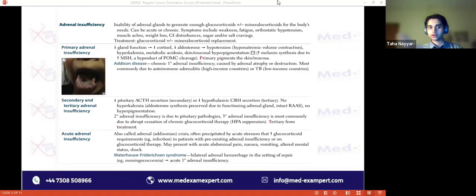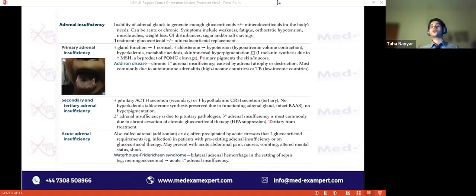Another way that cortisol regulates blood pressure is that at higher concentrations, cortisol can also act on the aldosterone receptor. We know that the function of aldosterone is that it pulls sodium in and moves potassium out. By moving sodium in, we are moving water in, and by moving water in, we are increasing the blood volume.